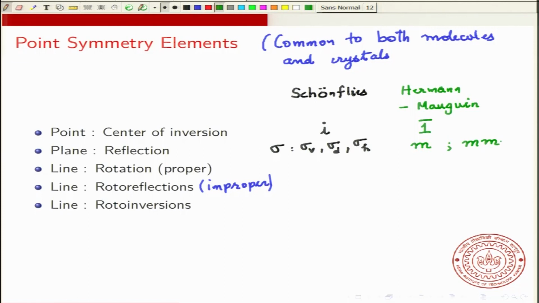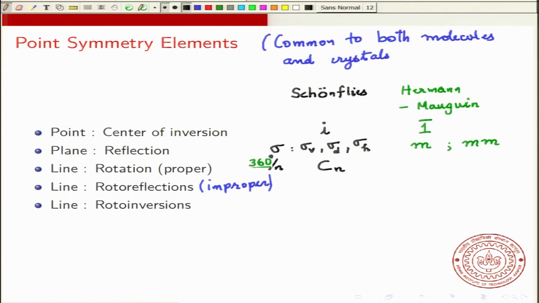So you can use multiple m's if you have multiple mirror reflection symmetries. Now coming to rotations, the proper rotations in the Schoenflies notation are denoted by C with a subscript n. Remember, this refers to rotation by 360 divided by n degrees.